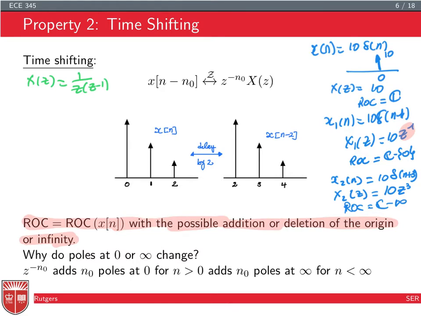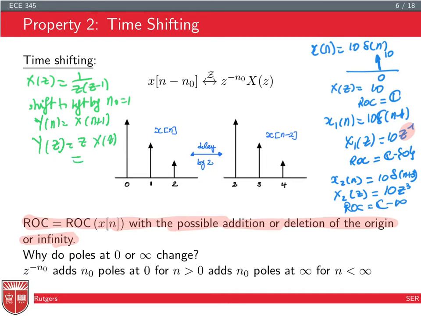But then if I shift the signal to the left by n0 equal to 1, meaning y of n is equal to x of n plus 1, this means that for y of z, I'm going to have to multiply by z times x of z.